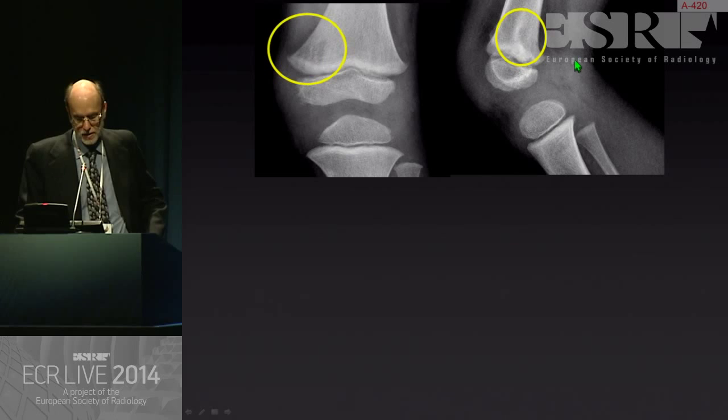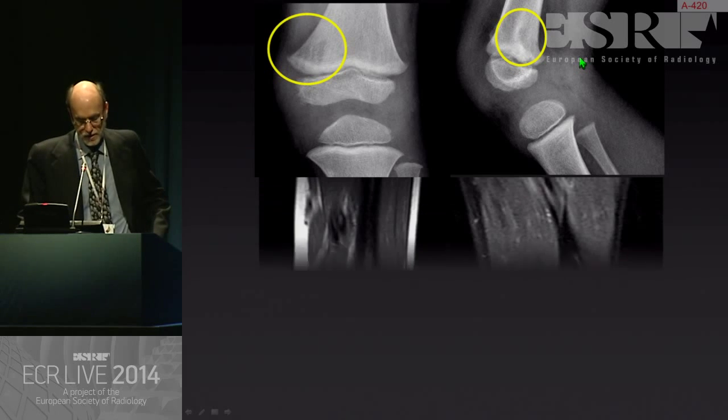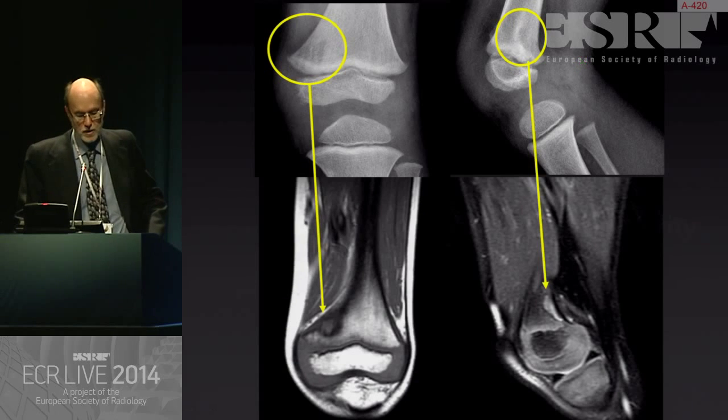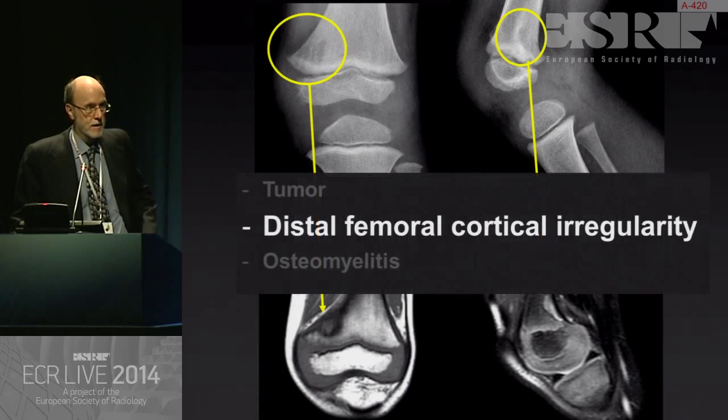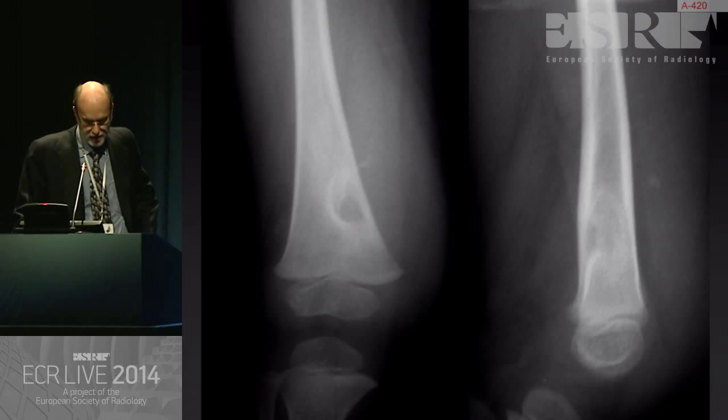And this is always related to a normal variant, which is called distal femoral cortical irregularity, also called periosteal desmoid, or any other synonym, but it is absolutely normal. It resolves with time without any problem. So it's quite normal, and in a few years it disappears.